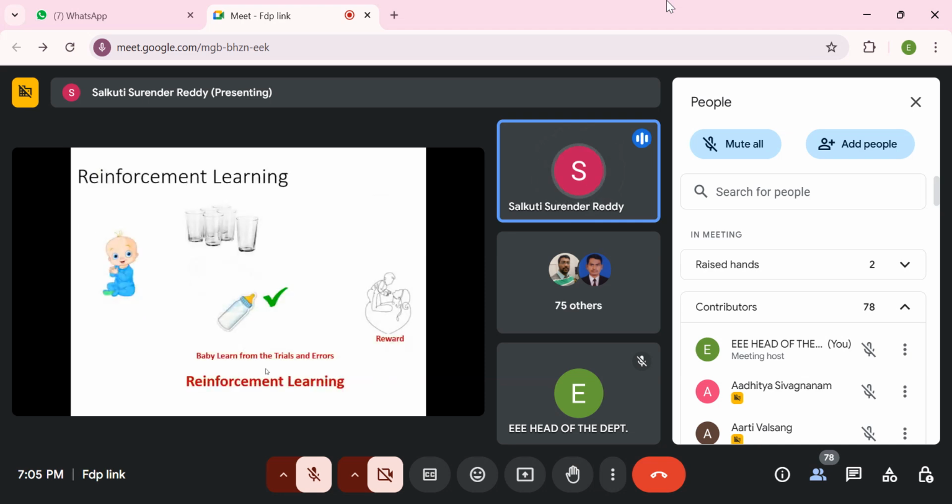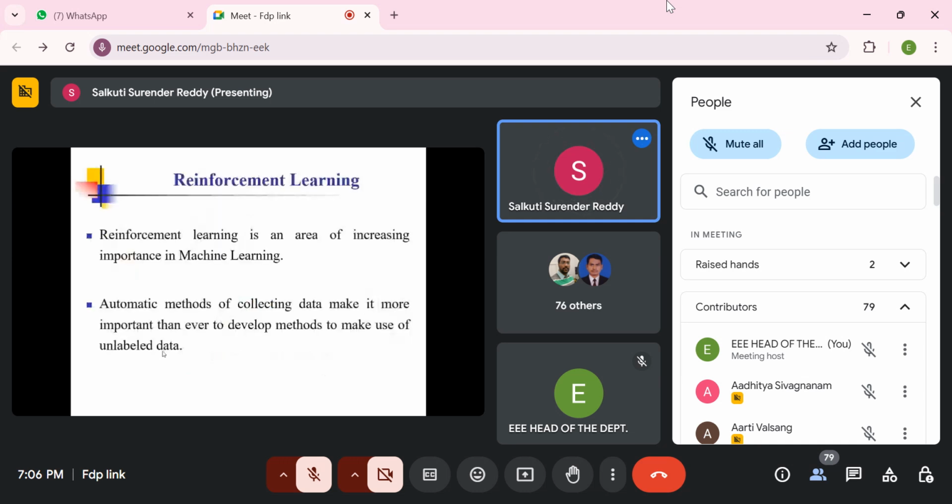So the baby learned based on the trial and error method. This is nothing but reinforcement learning, a simple example of it. We learn from mistakes, or trial and error methods.